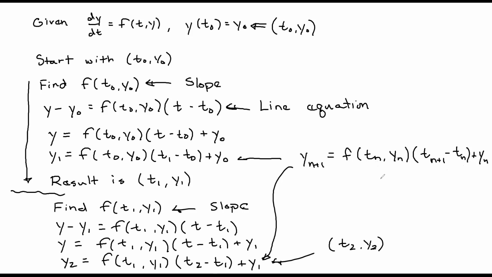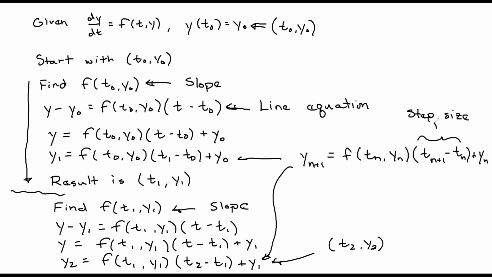Oh, hold on. I forgot one thing here. This t sub n plus 1 minus t sub n is the same every time. If you look at the example that we just did, it was 0.5. We went 0 to 0.5, then 0.5 to 1, then 1 to 1.5, if you go back and look at that picture. This is typically called the step size, because it's the size of the steps you take before you recalculate with a new slope.